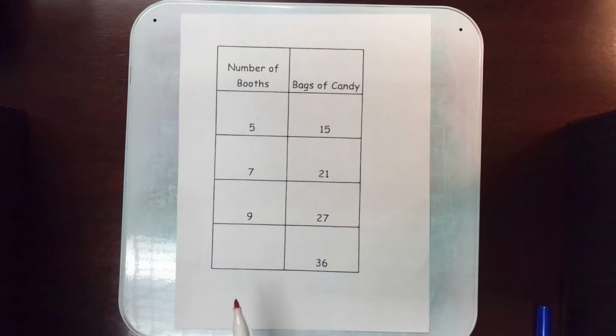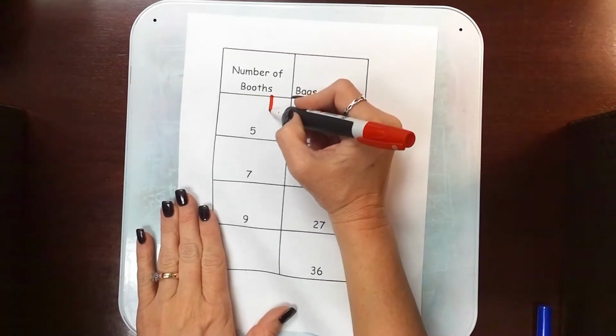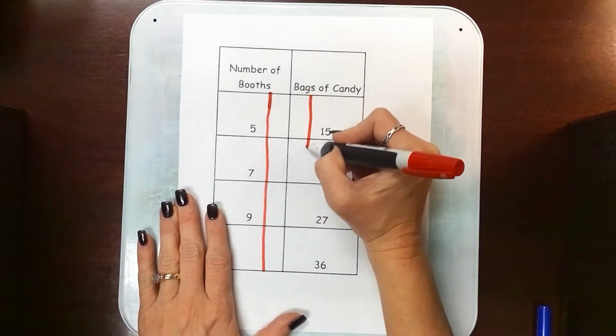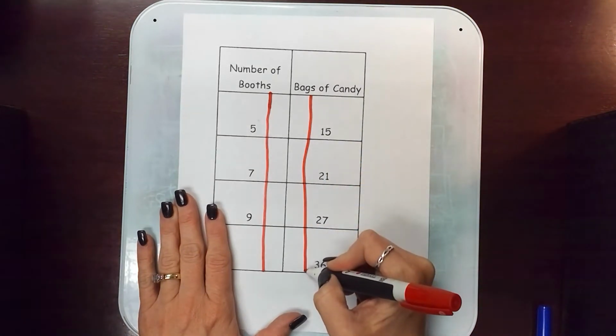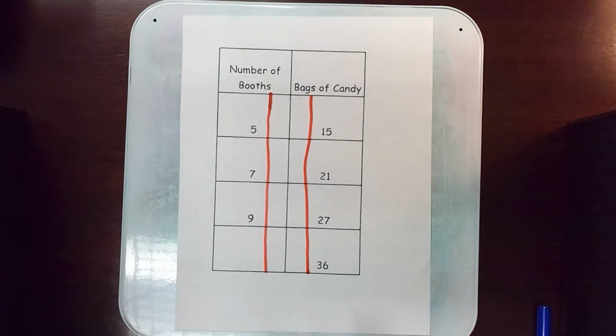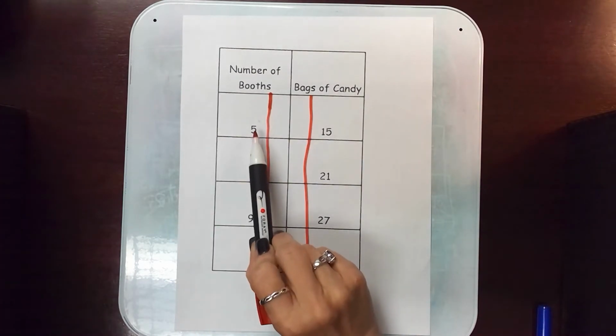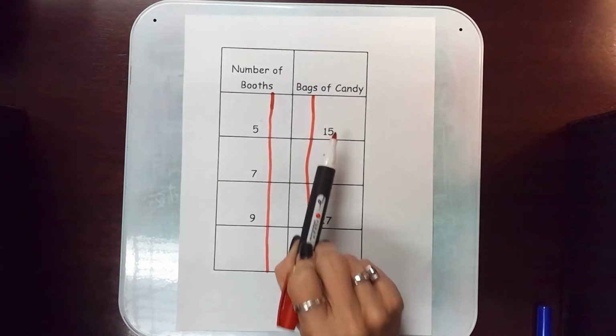For this, the first thing I have to do is draw my magic column, because I know that I'm looking for a relationship between the number of booths and the number of bags of candy. So once again, you talk to students and say, what did I do to 5 to get 15?